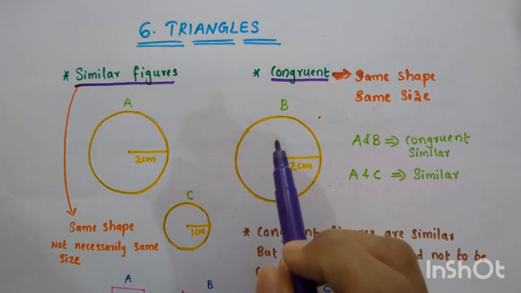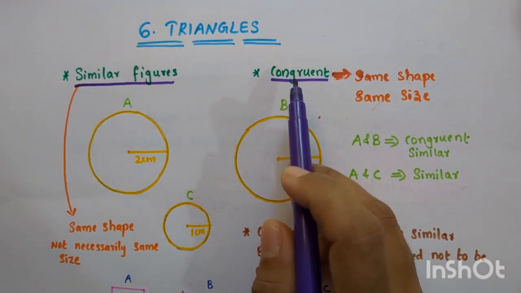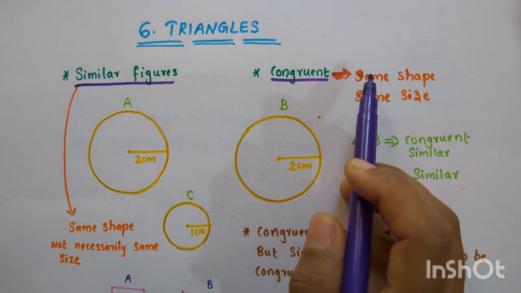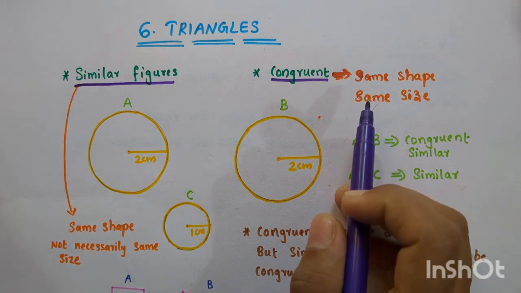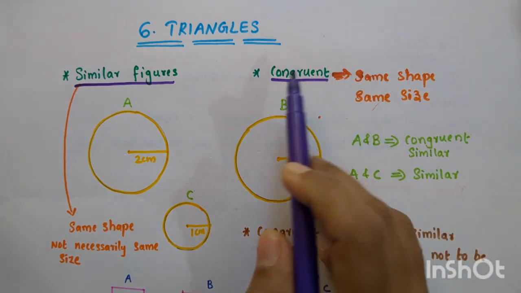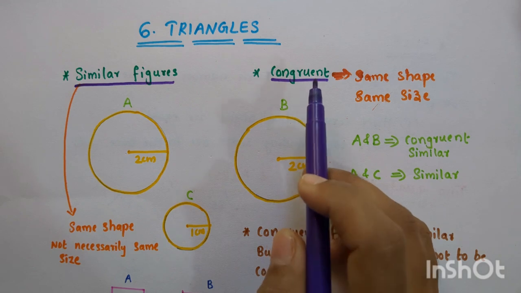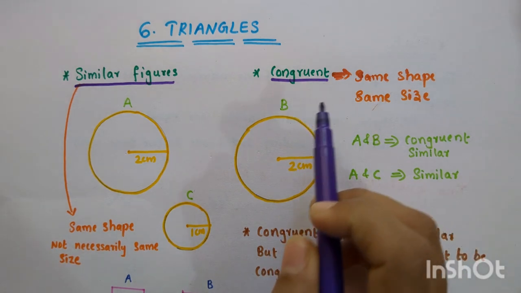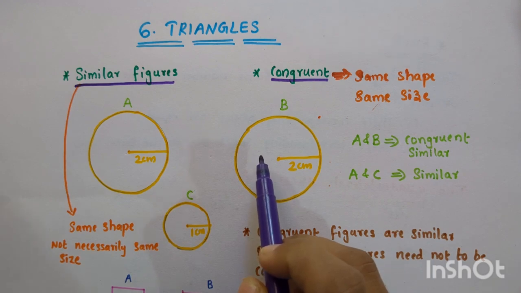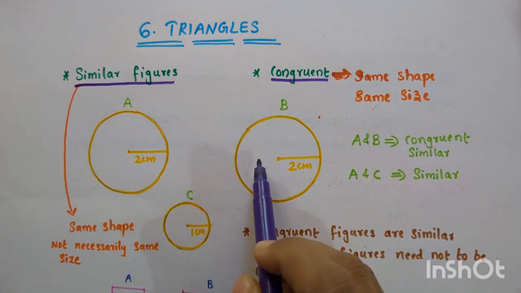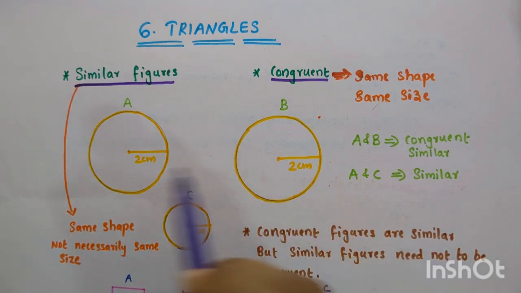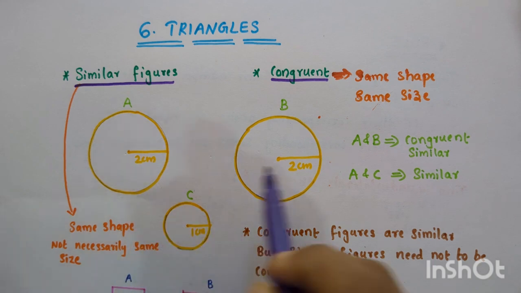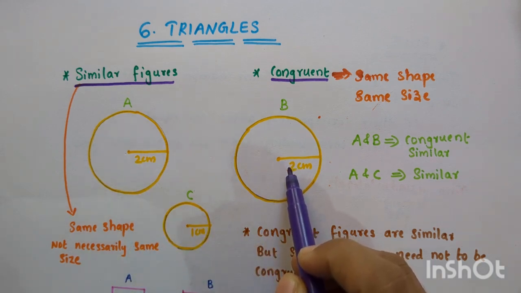Two figures are said to be congruent if they have the same shape and same size. For example, consider these two circles. This circle is of radius 2 cm and this circle is of radius 2 cm.